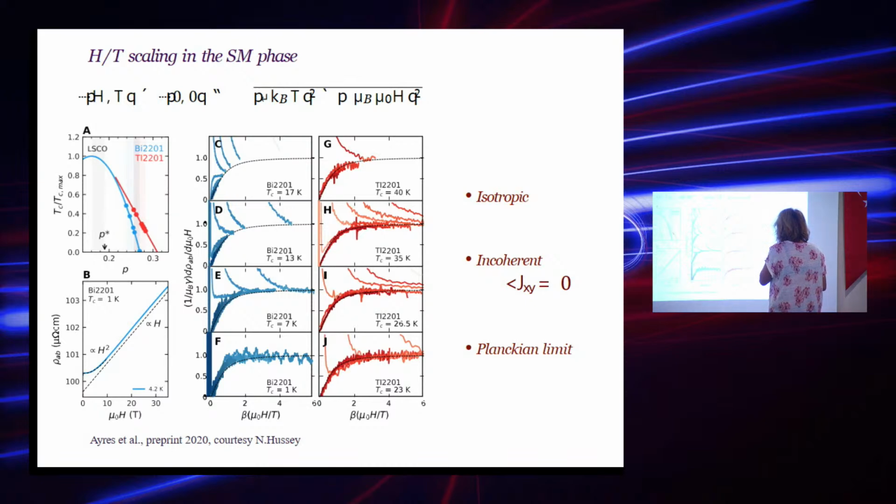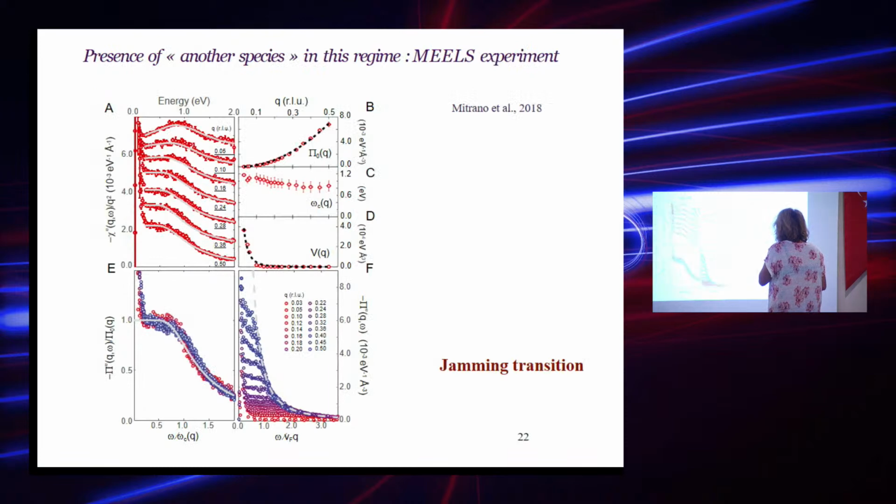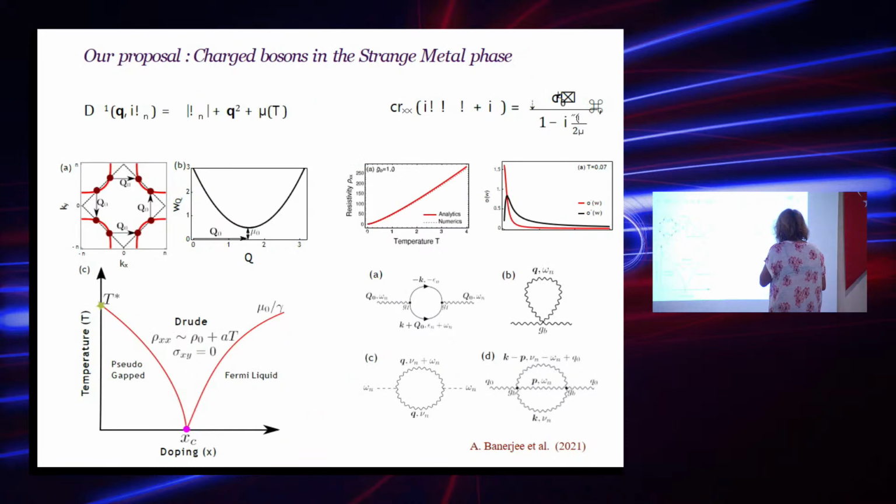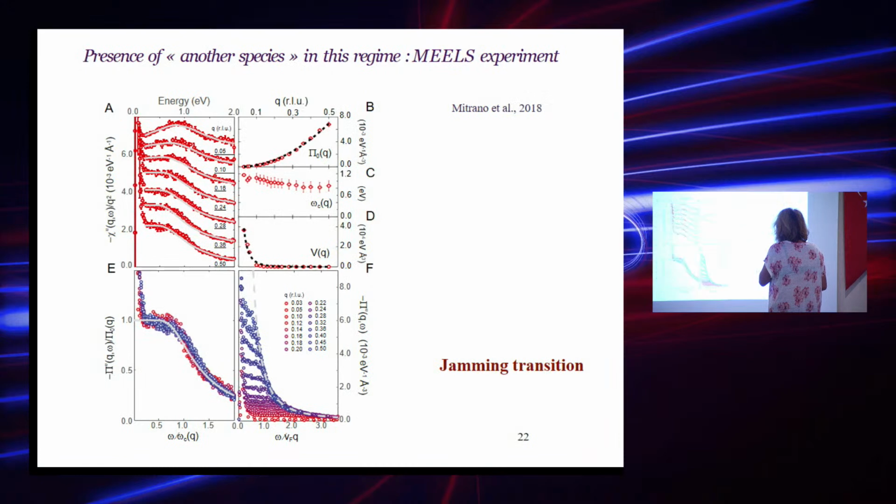They have a new component that they claim is isotropic in the magnetic field, is incoherent, meaning it doesn't participate in the thermal Hall conductivity, and is participating in this Planckian limit or linear resistivity. So in our model we have incoherent bosons. And one reason we could get incoherent bosons is this wonderful experiment by Mitrano et al. So it's in the strange metal, here.